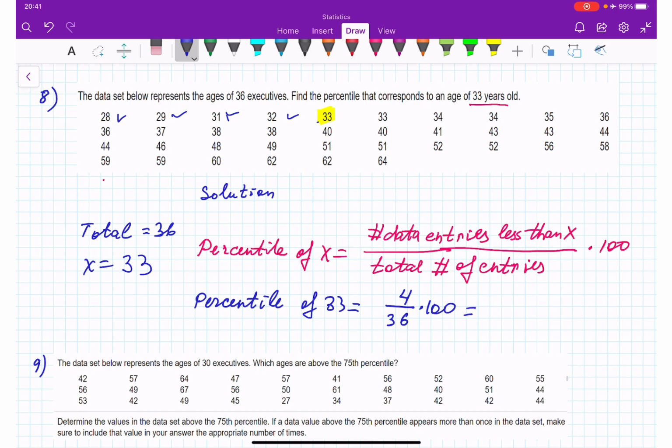So we are going to get 11, which means the age of 33 years old is 11%.